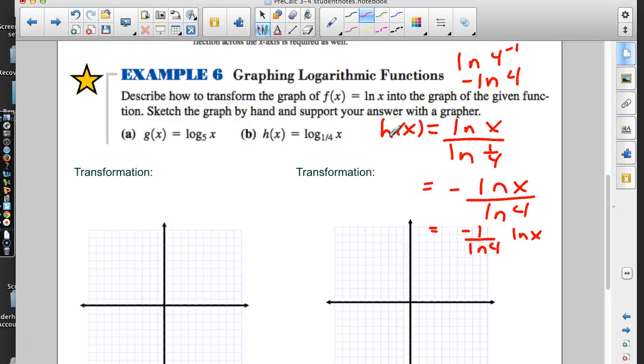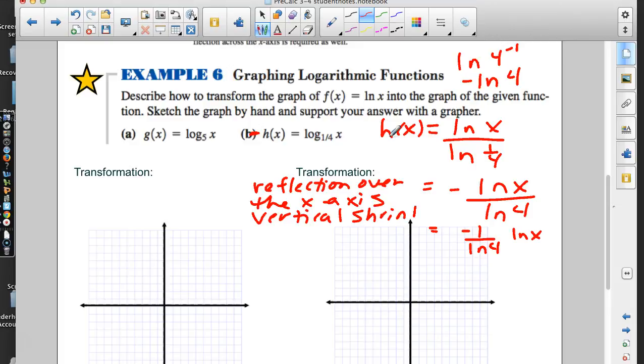The negative in front would be a reflection over the x-axis, because remember, those always come as if they were over here, and we divide through to get those. So this will be a reflection over the x-axis, vertical shrink, factor 1 over natural log of 4.